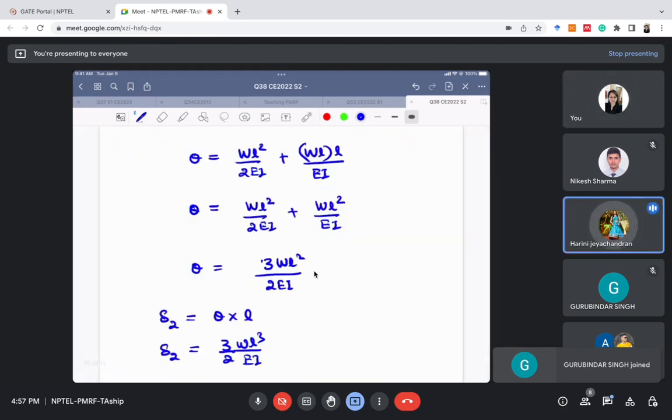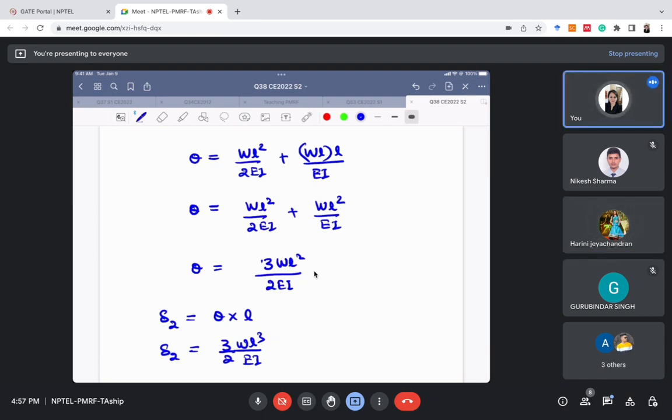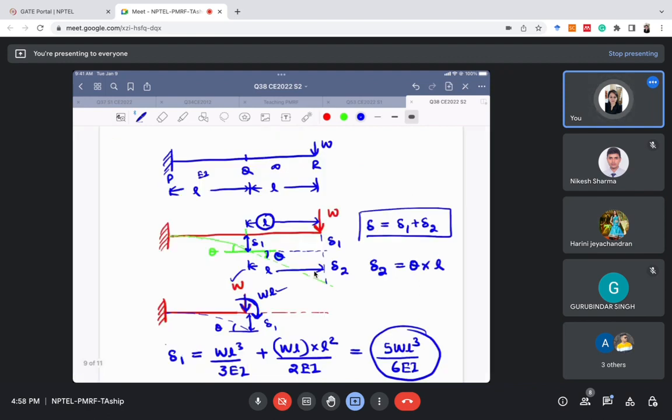Ma'am, in infinite values, how to use those infinite values? I didn't get you, can you repeat? Beams have some EI and infinite values. How to use that EI and infinite values? We don't have to use any infinite value here.